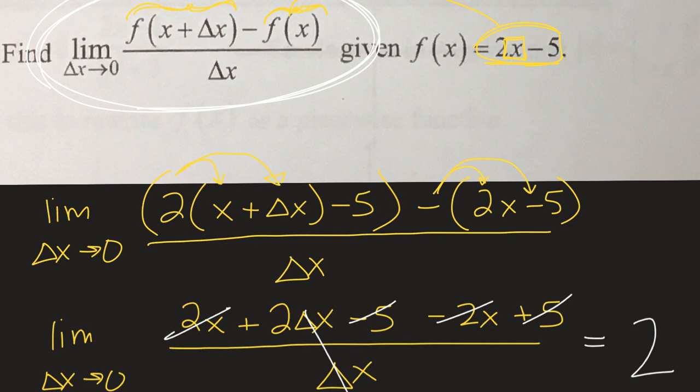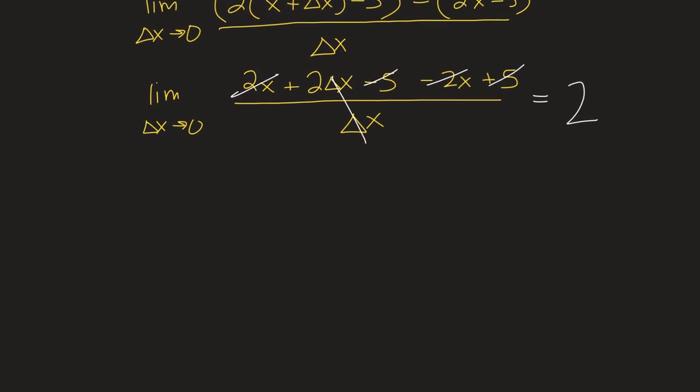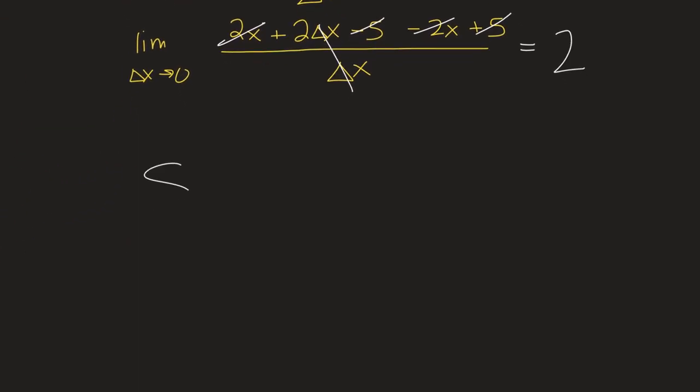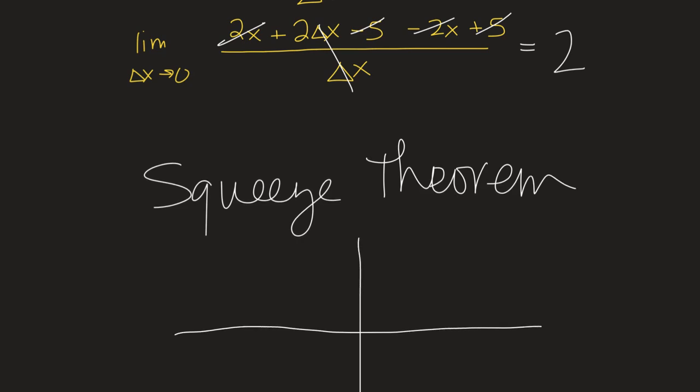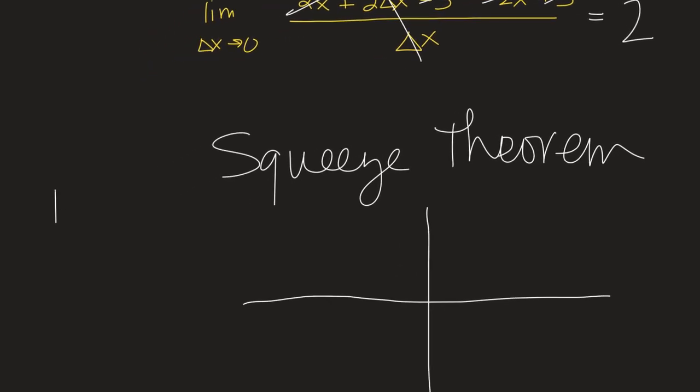Okay, so there's one more thing that I want to talk about before we let you go today, and that's something called the squeeze theorem. So the squeeze theorem basically says if we know the limit of some function, we're going to talk about the limit as x approaches 0 of some function. Okay, if we know that this exists, and let's just say that it's this number right there.